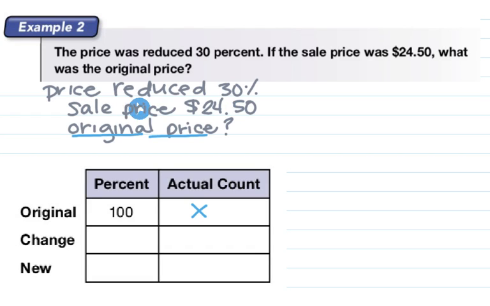Sale price. That is our new price this time. And they've also told us that the price was reduced 30%. Reduced means that it went down 30%.